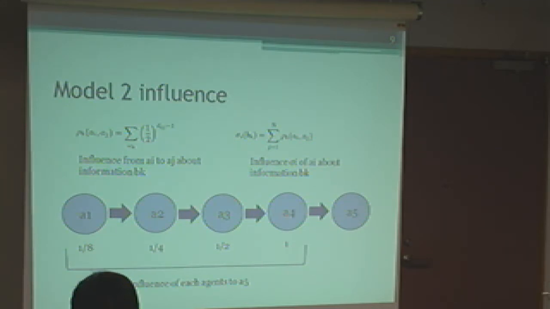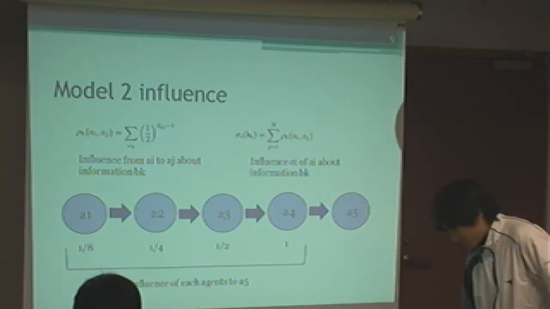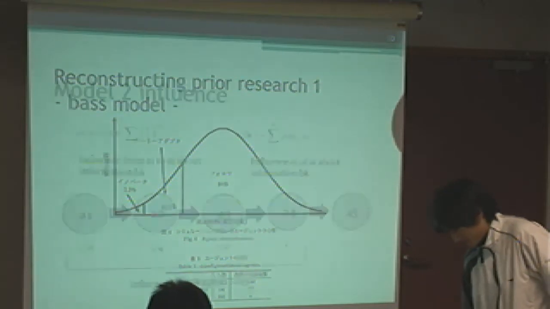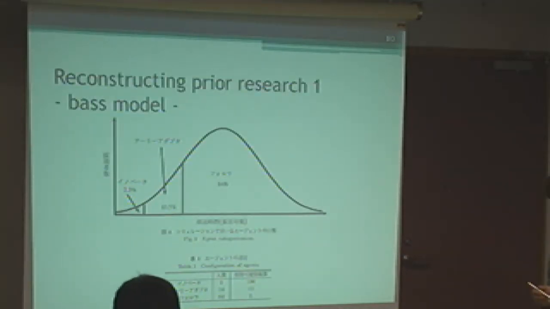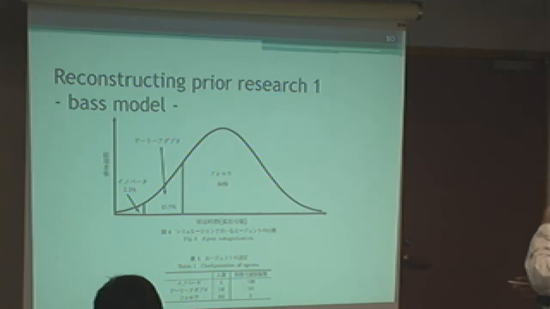And first they reconstruct prior research. This is the figure of the Bass model. This axis is time steps, and here is the amount of adopters.